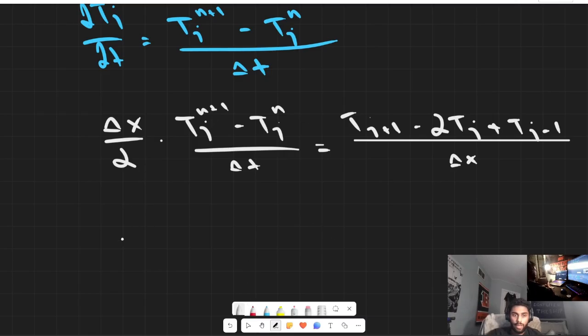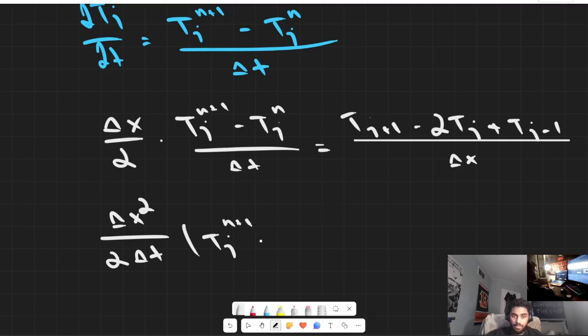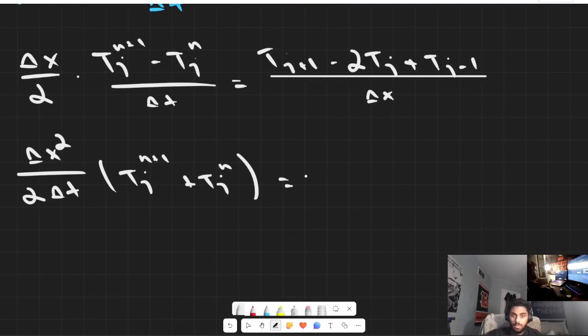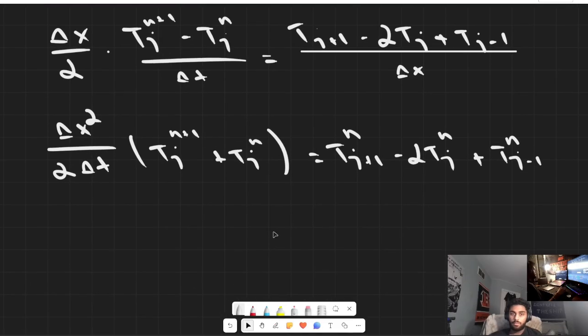So we have delta x squared over alpha delta t, so we're multiplying both sides, times this discretization that we had done earlier, equals Tj+1 at time n, minus 2Tj at time n, plus Tj-1 at time n.